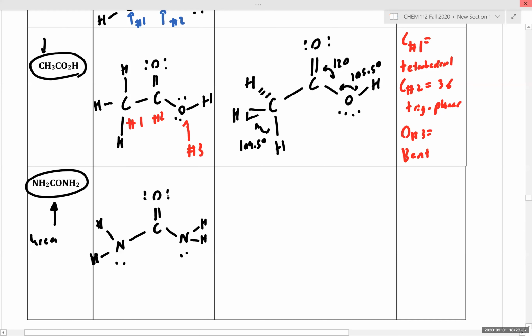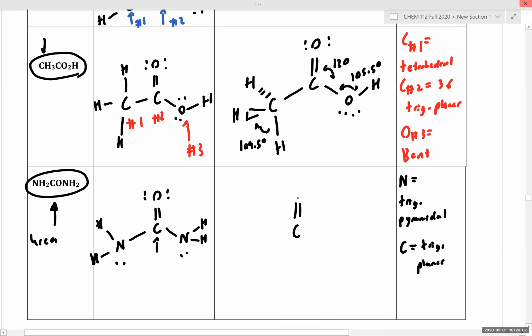Now, looking at each of our nitrogens, for our nitrogen geometry, we have 3 bonds and 1 lone pair. So that in turn gives us not trigonal planar, but trigonal pyramidal geometry. For our central carbon, we have 3 bonds. So that in turn gives us a trigonal planar geometry.